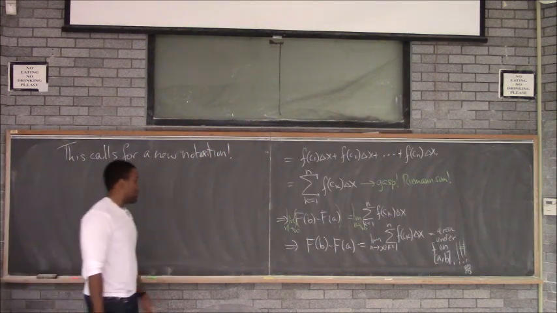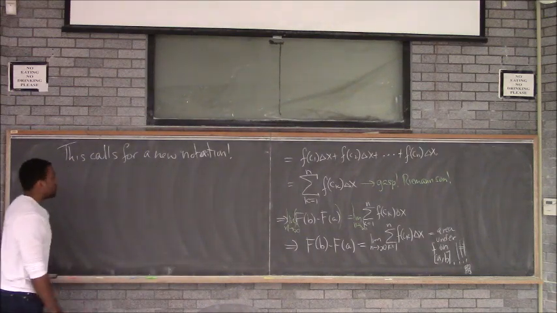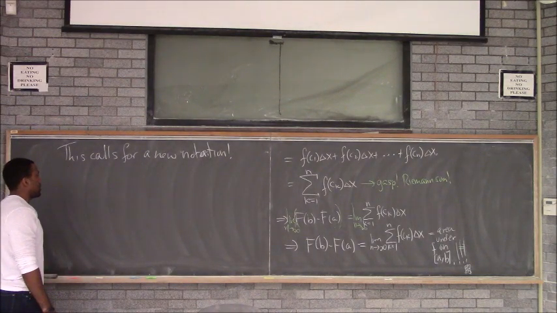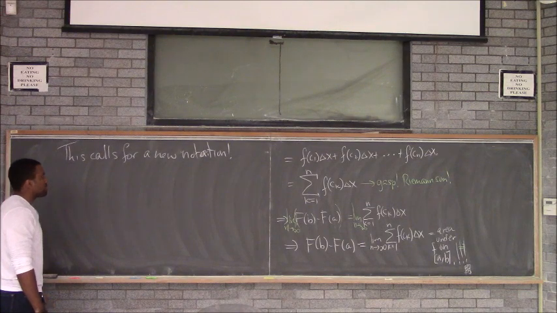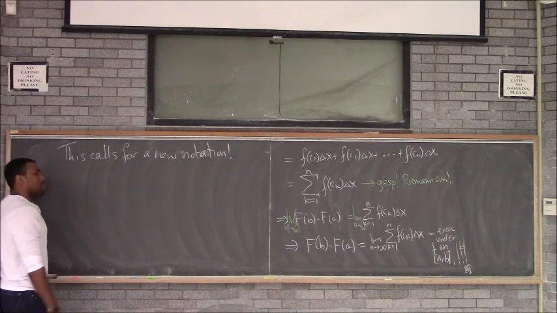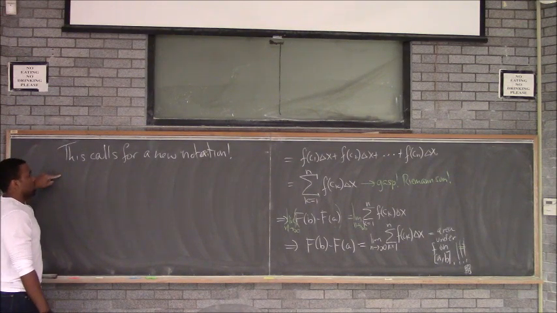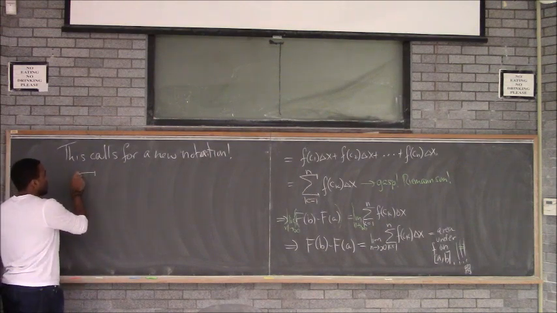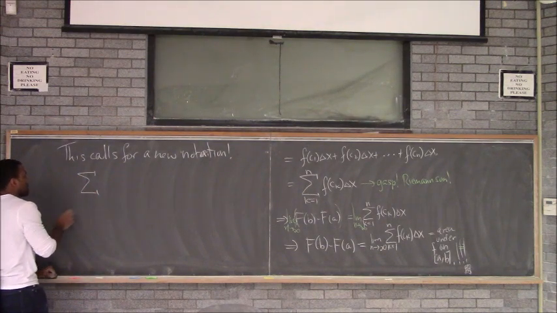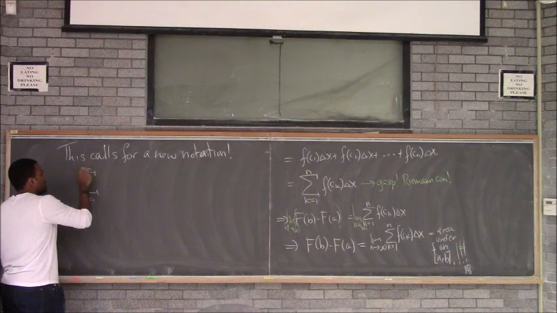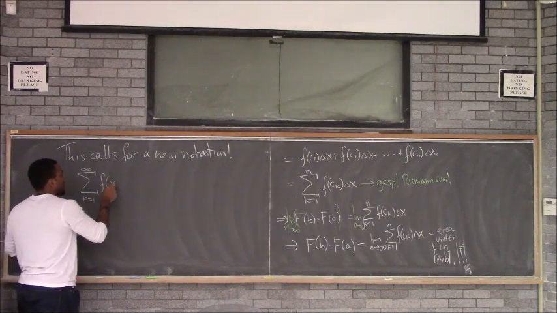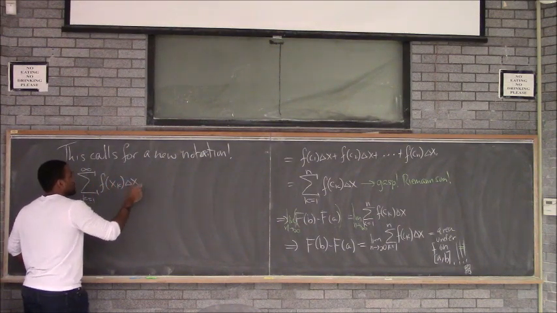Leibniz, he's the one who came up with it, and we continue to use it to this day. Because Newton's notation for this wasn't too pleasant. So it turns out that we will call this sum the infinite Riemann sum, k goes from 1 to infinity of f of xk times delta x.